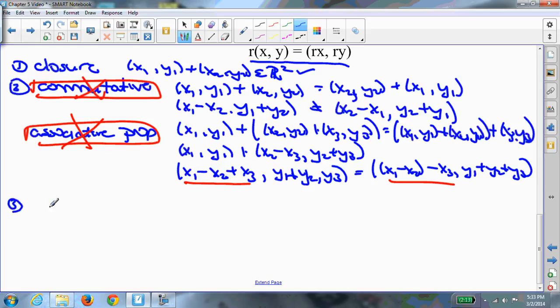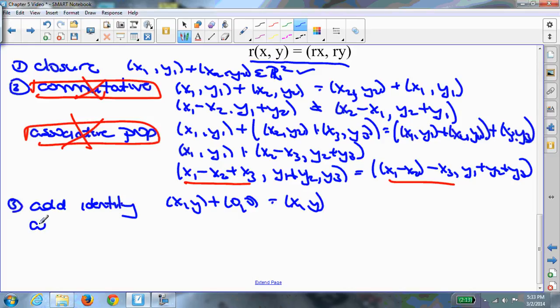I still have an additive identity because x, y plus 0, 0 is still x, y. I still have an additive inverse. So the additive inverse is x, y plus something equals 0, 0. In this case, the additive inverse is going to be x comma negative y.